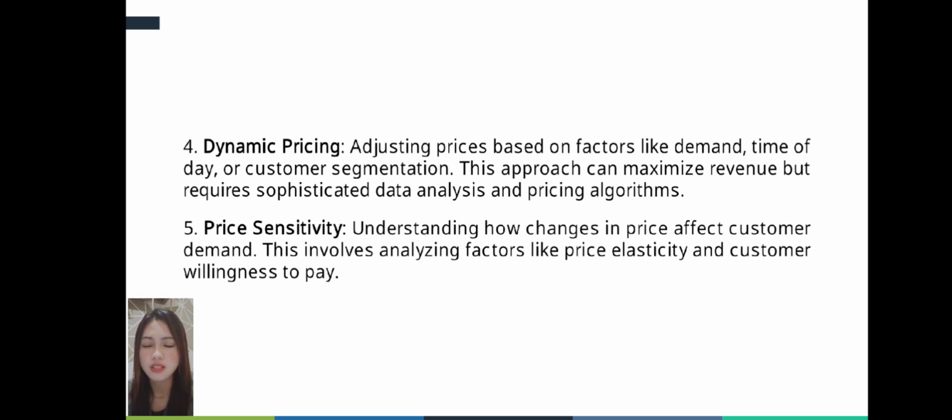So price sensitivity naman, there are actually two types: high price sensitivity and low price sensitivity. Sa high price sensitivity naman, they are more likely to switch to a competitor's product if the price increases or choose an alternative.